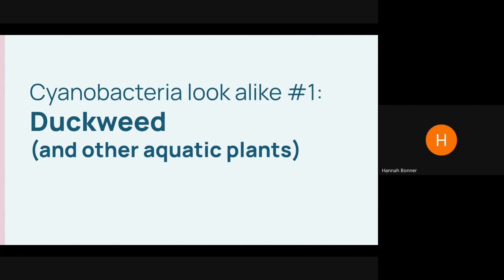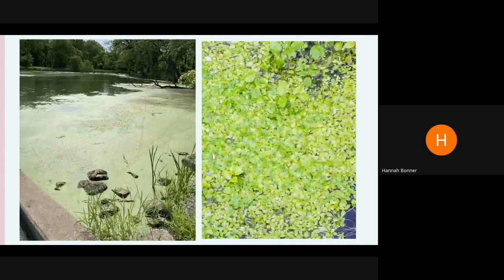That being said, we've seen a few different ways cyanobacteria can look. There are two common imposters we see here in Utah that folks often confuse with cyanobacteria. So I want to talk about these so you know what not to worry about. The first cyanobacteria look-alike is duckweed or other aquatic plants. Here are some photos of what this looks like.